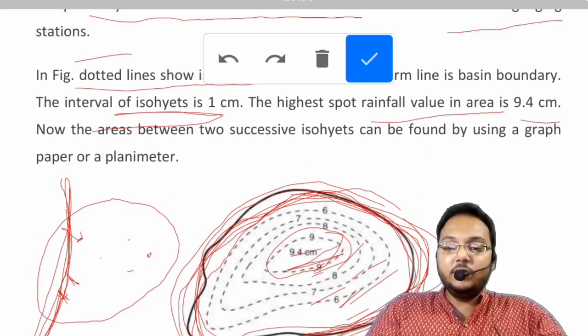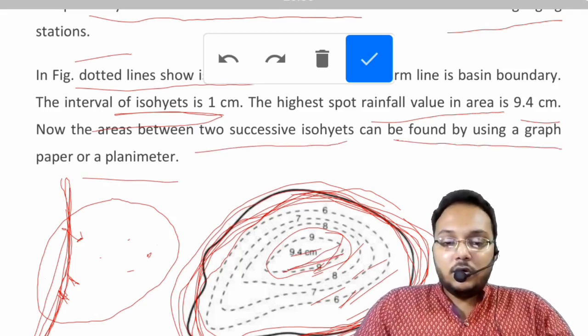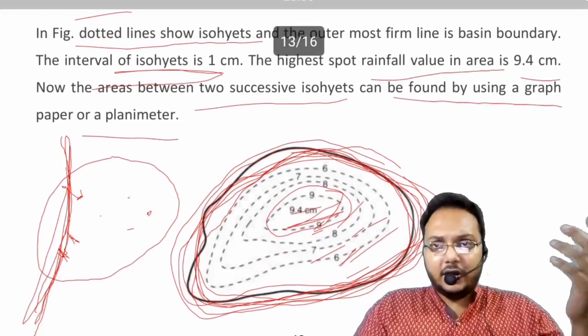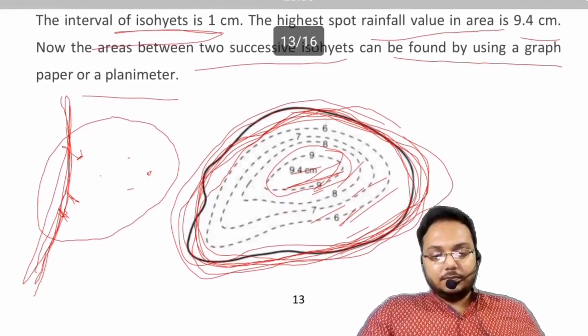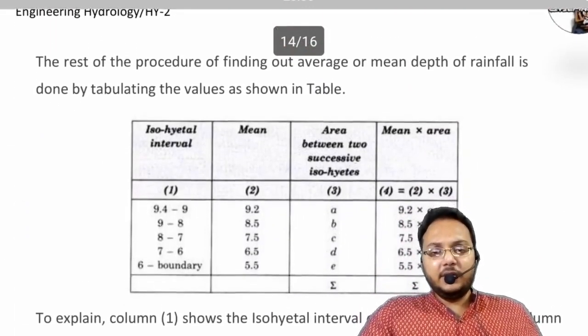Now the areas between two successive isoheights can be found by using graph paper or a planimeter. The rest of the procedure is given in the table.